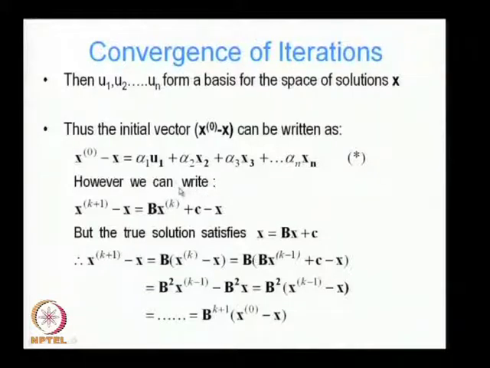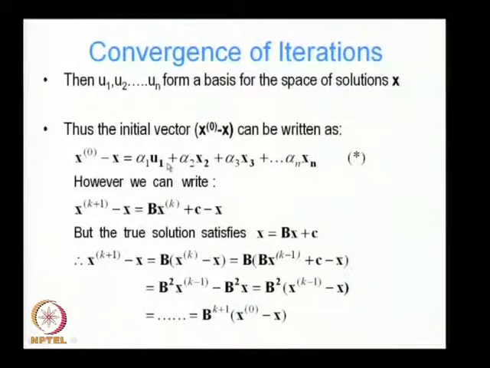But remember, this shouldn't be x, this should be u. So, alpha 2 u2, alpha 3 u3, alpha n un. I apologize for the typo. But B^(k+1) operating on u1, what is it going to give me?